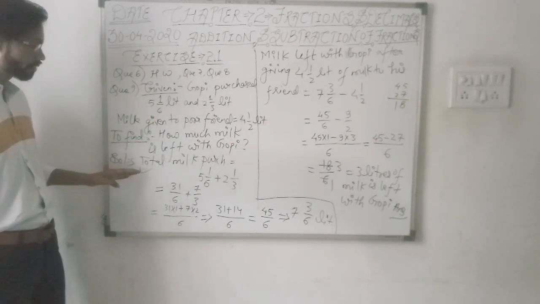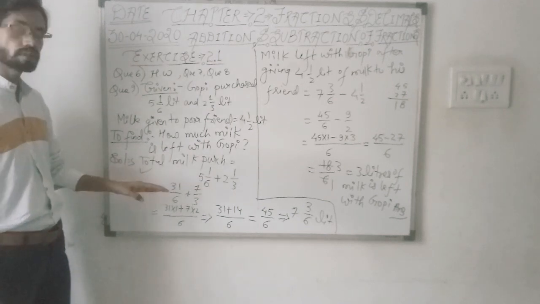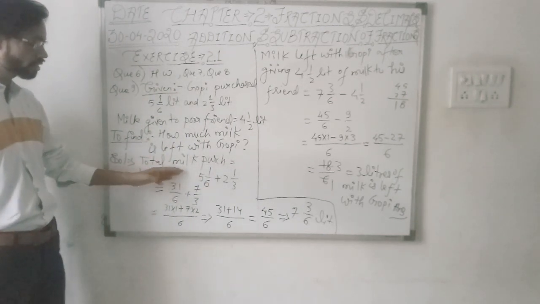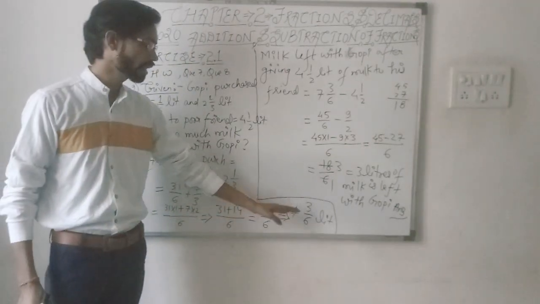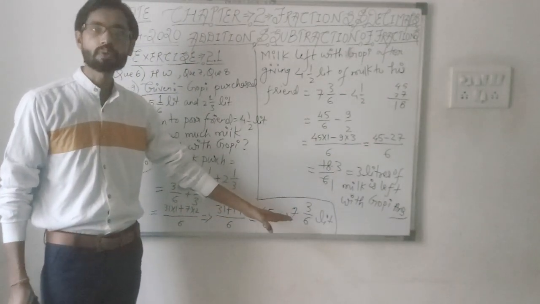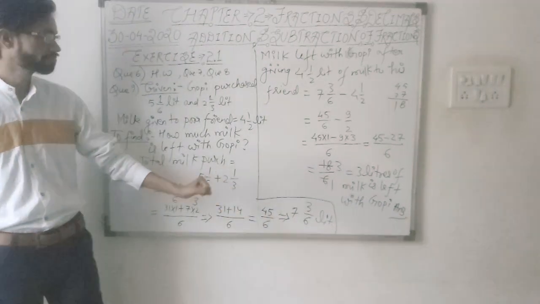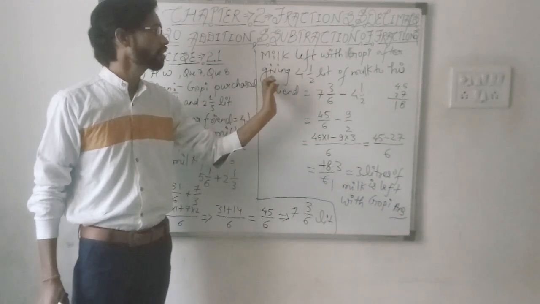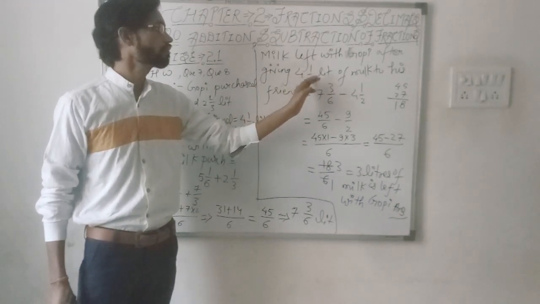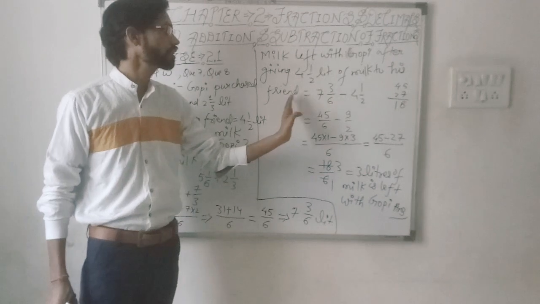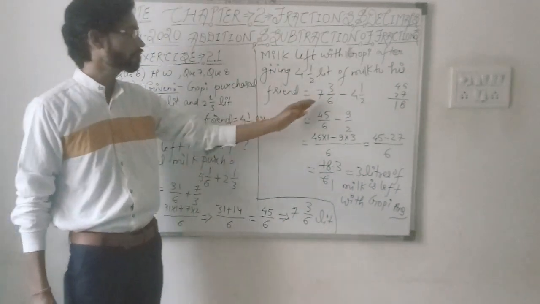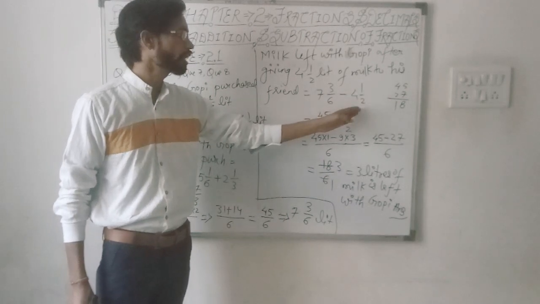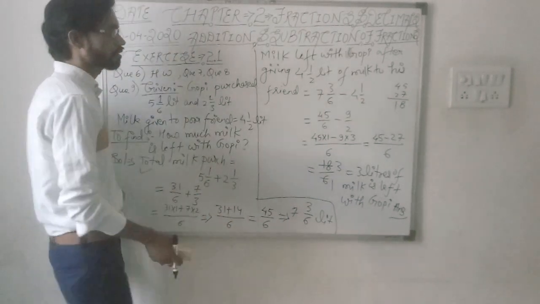Then what we have done? Total milk, first of all, whatever milk he purchased from both the shops, we have added. While adding both the milks, we got 7 and 3 by 6 liters of milk as the total milk purchased by him. Then milk left with Gopi after giving 4 and 1 by 2 liters of milk to his friend: from the total milk, 7 and 3 by 6 minus 4 and 1 by 2, we have subtracted.